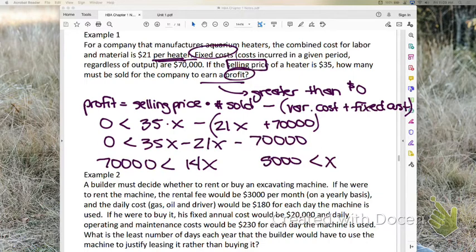They must sell more than 5,000, right? At 5,000, you'd break even. You need to sell more than 5,000 to earn a profit. If you want to use a greater than symbol to show that, you can do that. If you want to set it equal to 0 and then just tell me in words they must sell more than 5,000, that's also fine. Either way. Okay?